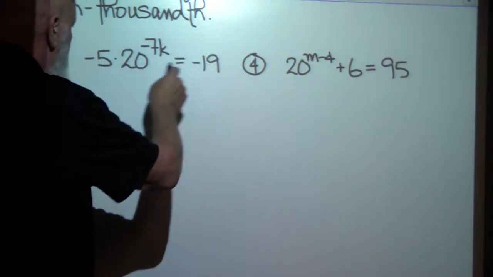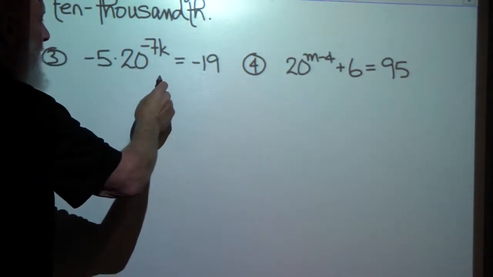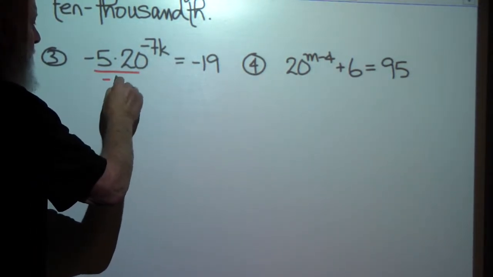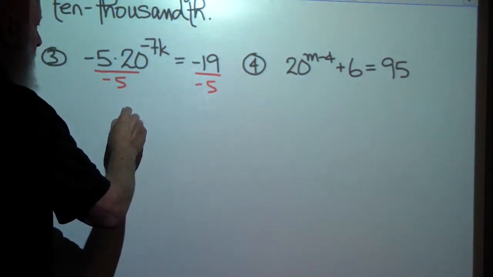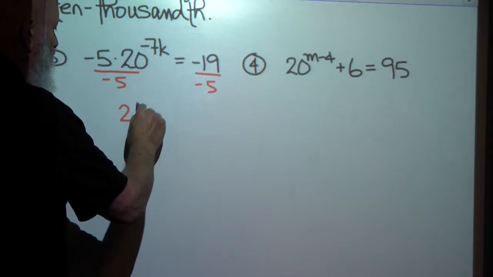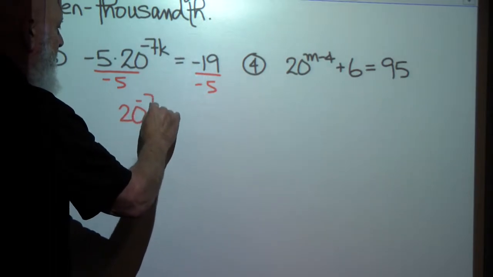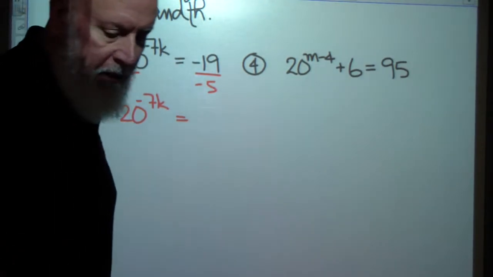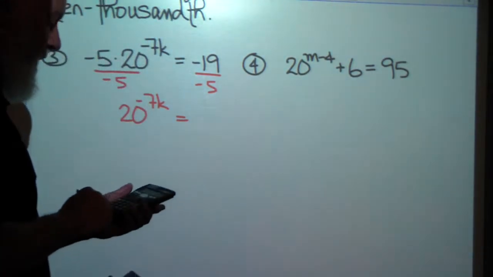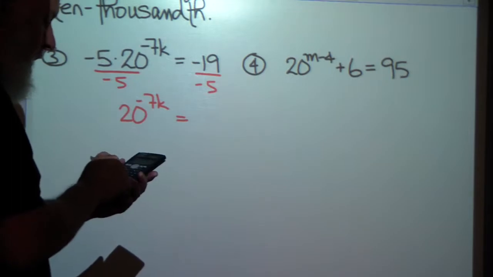To do this, I want to divide both sides by -5, and that will give me 20 to the -7k power is equal to -19 over 5. I might leave it as a fraction. Let's see what it comes out to be.